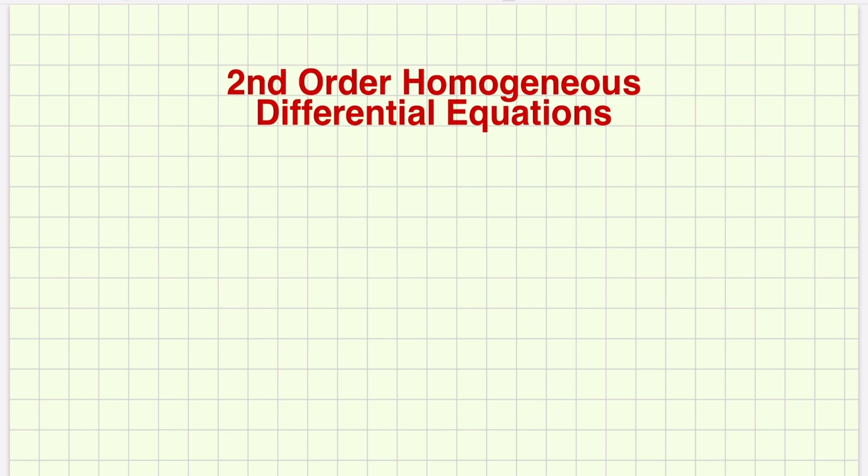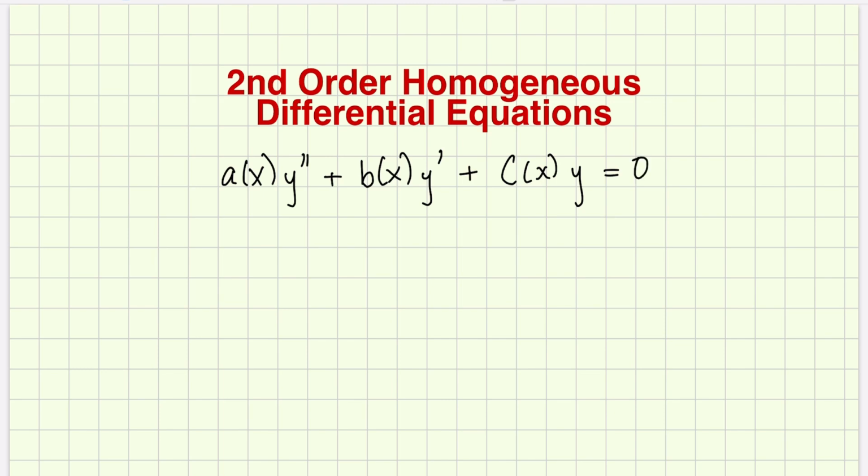A linear homogeneous equation looks something like this. We have a function times y double prime plus another function y prime plus yet another function y is equal to 0. Now if we replaced the 0 with some function consisting of only an independent variable, x or t, whatever have you, you will get a non-homogeneous equation.